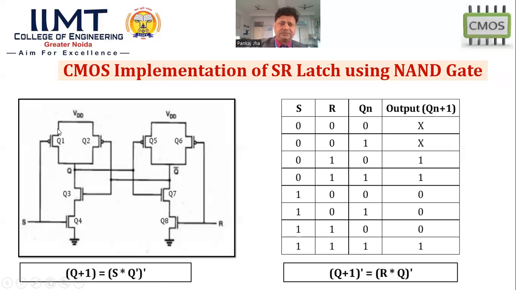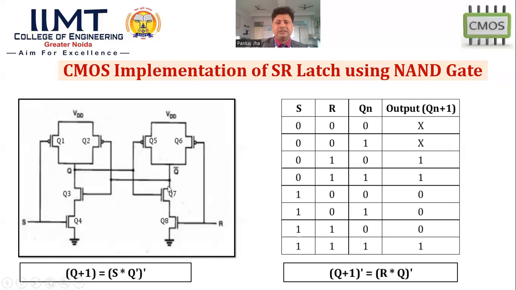That means this VDD will come across to Q. So this Q will be high. Q7 will be in which mode? Saturation mode, correct, and R will also be in saturation mode.